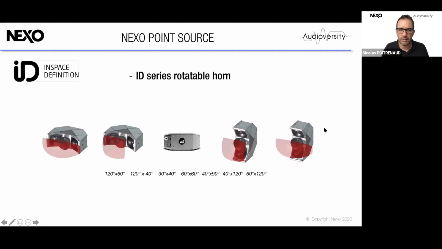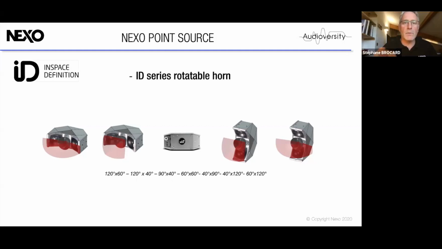And what is interesting in this series is it comes with different coverage options: 120 by 60, 120 by 40, 90 by 40, or 60 by 60, okay? And be careful because this horn can be rotated. So regarding the positions of your speakers, you will be able to rotate the horn and give different coverage patterns in your project.